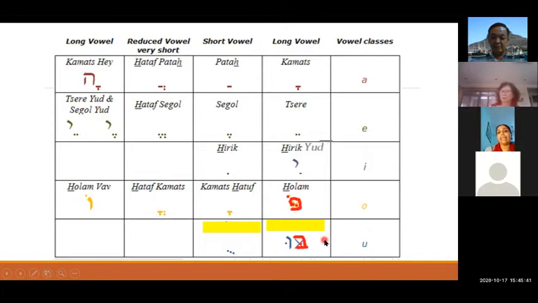Finally, moving on to the last class of vowels, the U class. Can somebody tell me? The Shuruk.